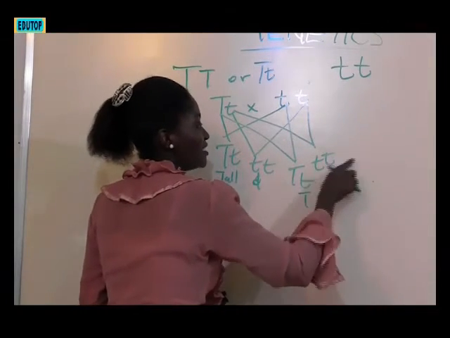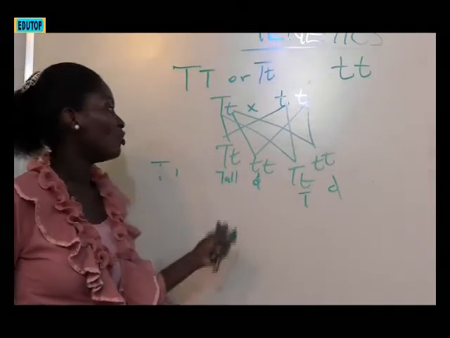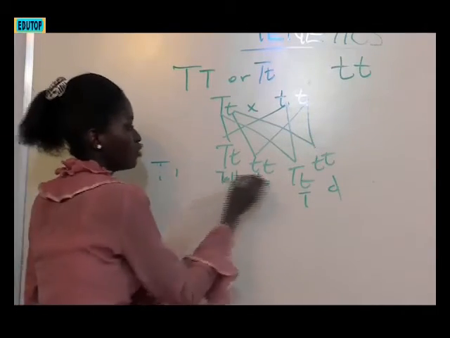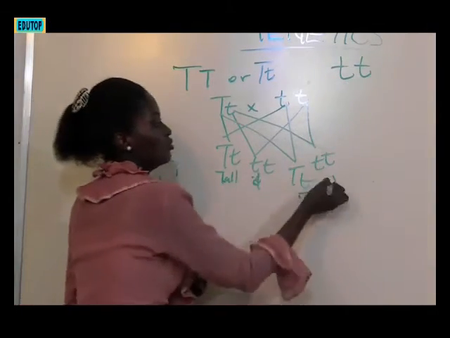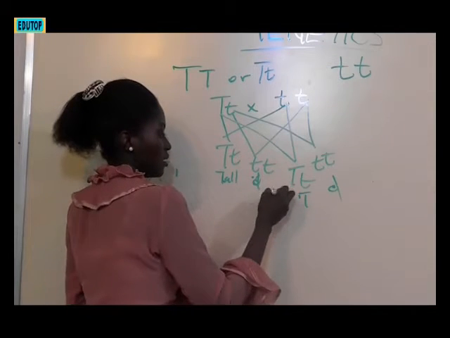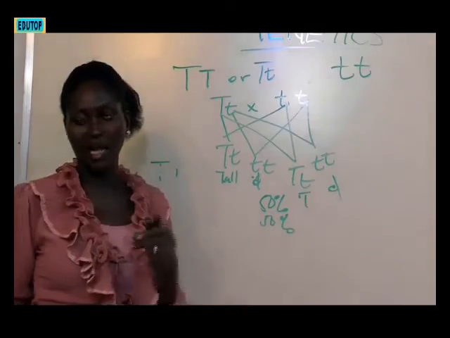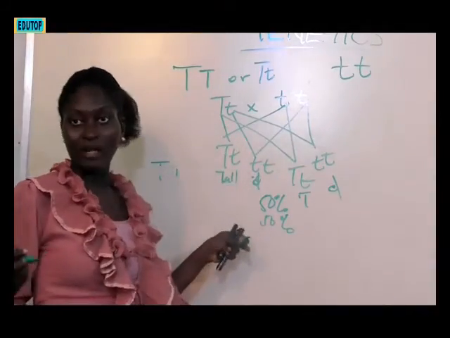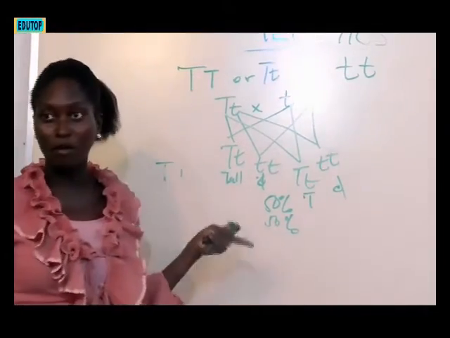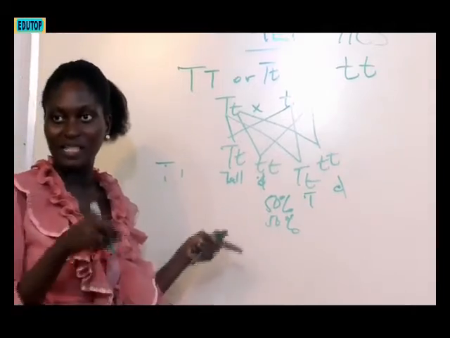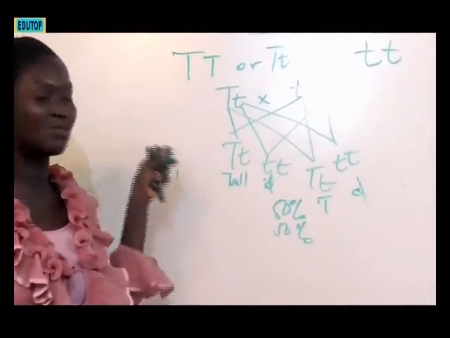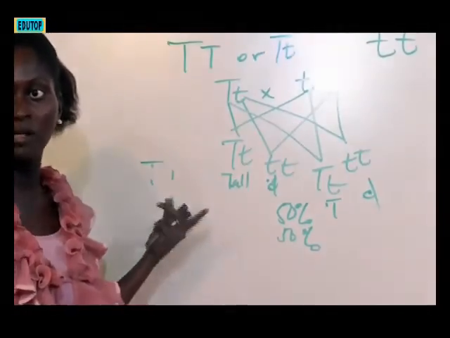So the first option there has helped you out. You don't have to calculate because this is half. 1, 2, they are tall, 1, 2, they are short. So that's 50% tall, 50% dwarf. You don't have to try other options for the sake of time. But for the sake of this class, let me just try it for you so that you'll be sure that the first option is the correct one.